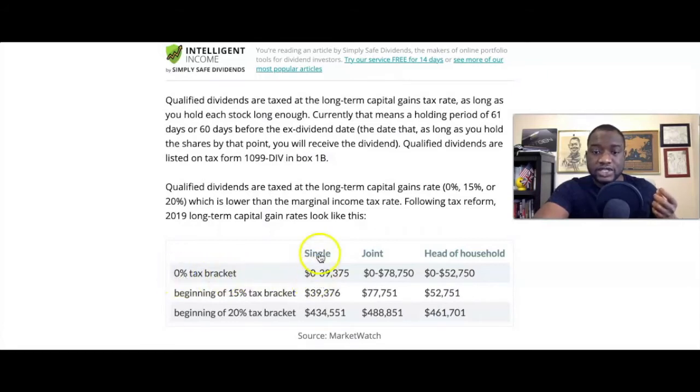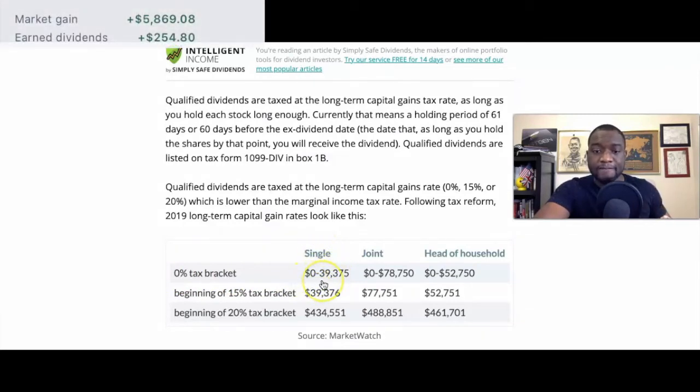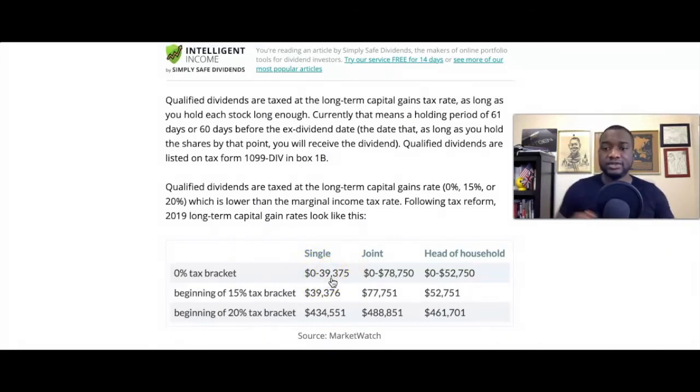So if you're filing single, the first $39,375, basically almost $40,000. If you're a single person and you invest into dividend stock, like I do, and you're getting paid dividends, the first $40,000 is basically tax free.